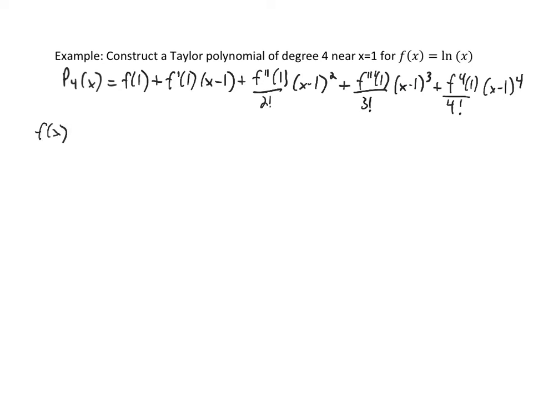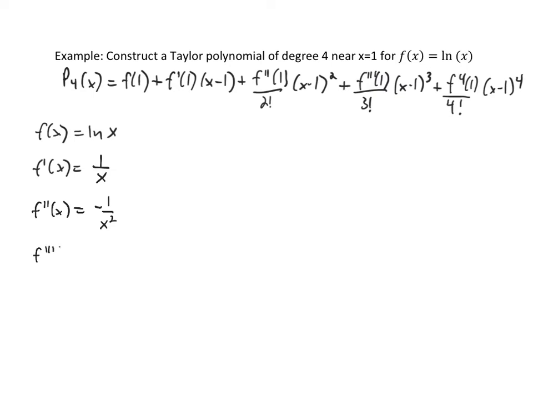f of x is natural log of x. If we took the first derivative, the derivative of the natural log of x is 1 over x. The second derivative, if we rewrote that as x to the negative 1, drop that down, reduce it, is negative 1 over x squared.